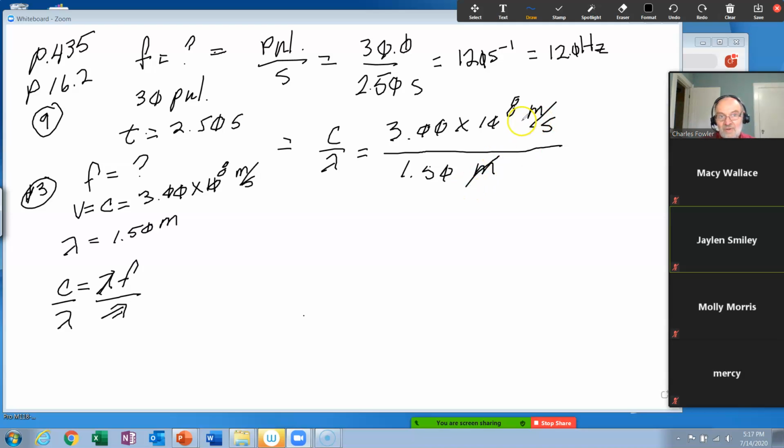Okay, meters go out, they cancel out, and you know that 1.5 will go into 3 exactly 2 times, right? You don't even need a calculator for this one. That'd be 2.00 times 10 to the 8th, and that would be per second, 1 over second. You could write it as s to the minus 1, or you could write that as 2.00 times 10 to the 8th hertz. That's a per second.